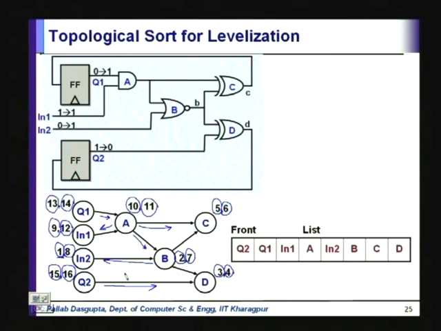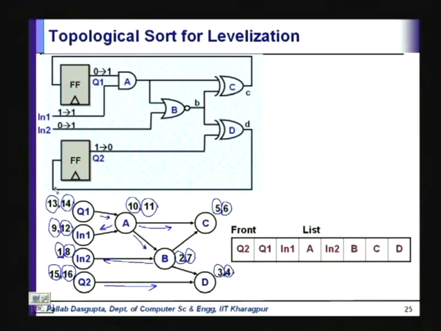So, what we have done is that for every node we have an entry level and an exit level, right. Now, what we do is that we sort these nodes based on their exit levels and process the nodes starting from the one which has the maximum exit level, right.